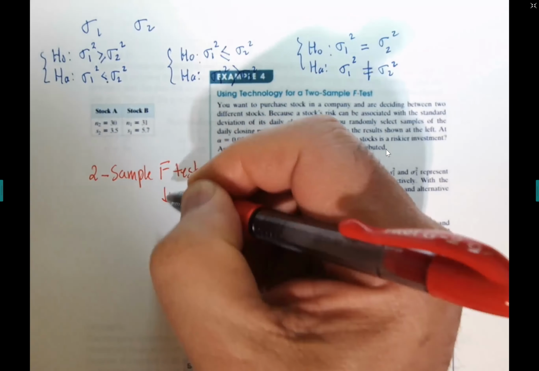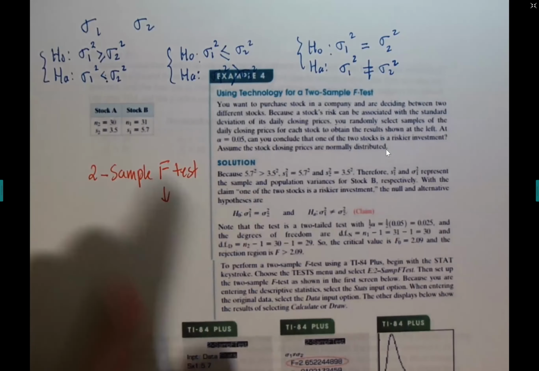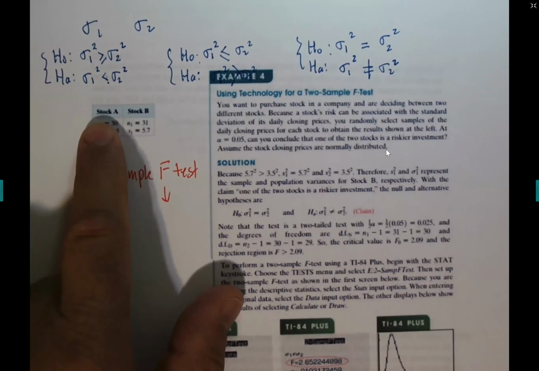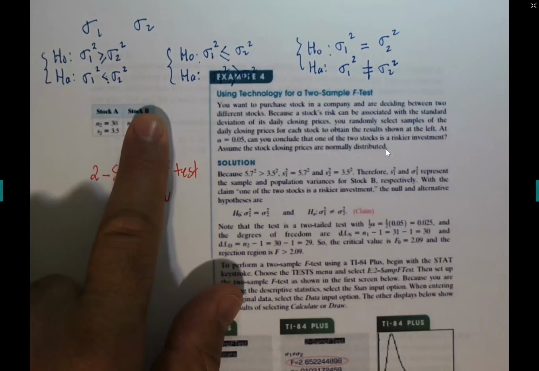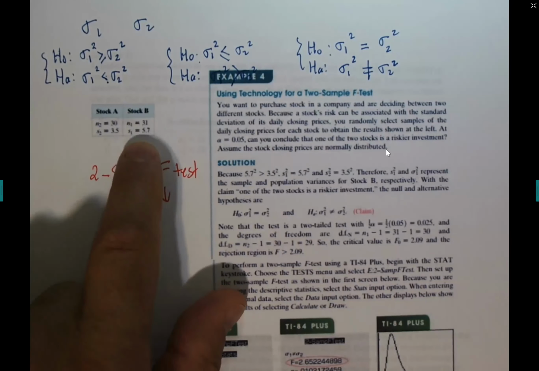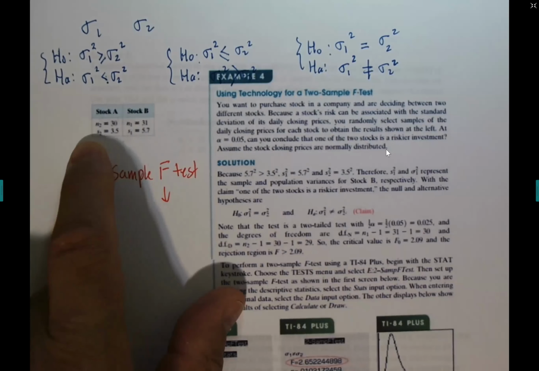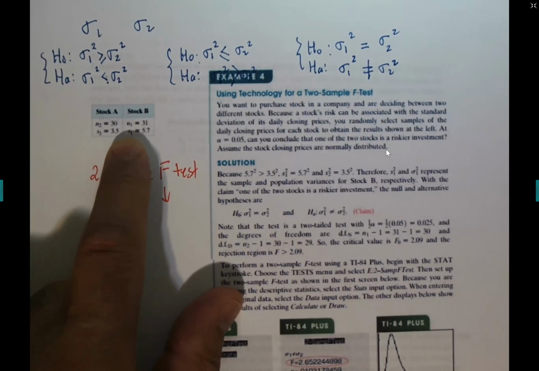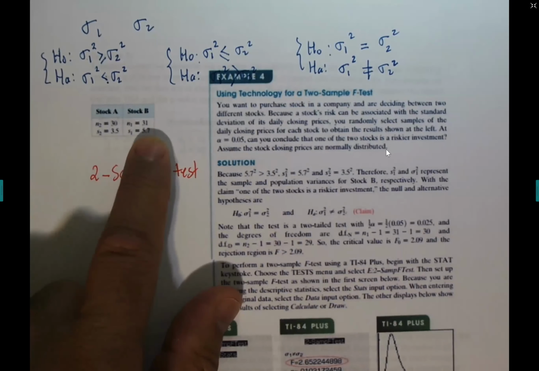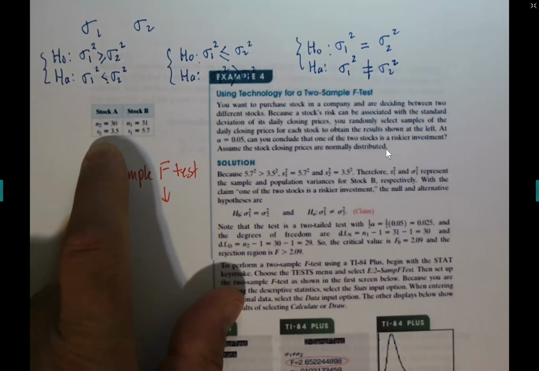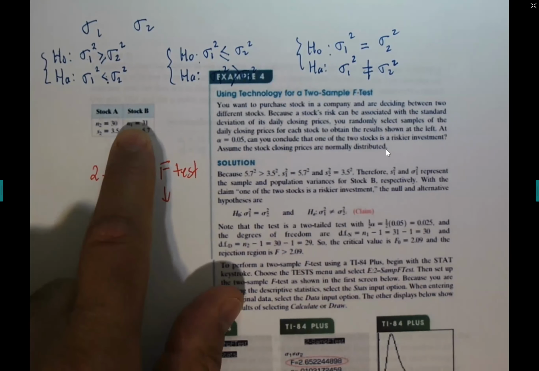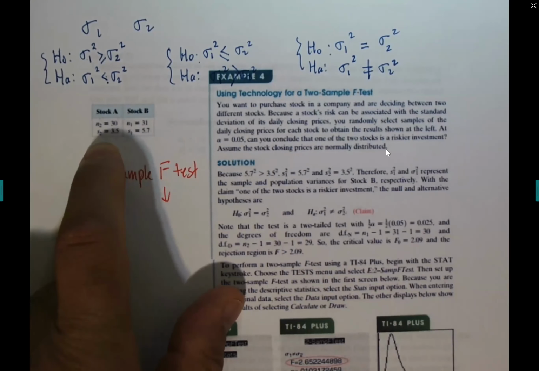F, because we're using this distribution, and I have two samples, as you can see, guys, stock A and stock B. You see there are two standard deviations here. S1 is 5.7 and S2 is 3.5. We always label the one that has a larger standard deviation with number 1 and the one that has a smaller standard deviation with number 2. So always, that's the practice right here.